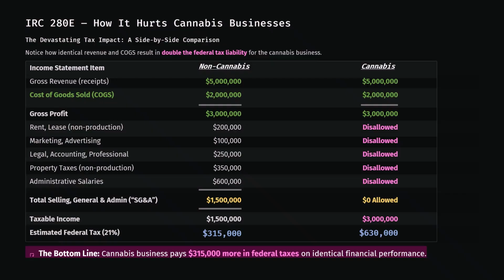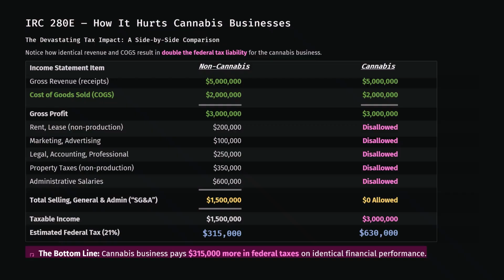Let's say each company has $1.5 million in operating expenses, things like payroll, rent, insurance, marketing, admin staff, legal, software, the works. These are normal expenses in any business. For the non-cannabis company, they get to deduct all $1.5 million from their gross profit, leaving them with taxable income of $1.5 million. They'll pay taxes on the $1.5 million.